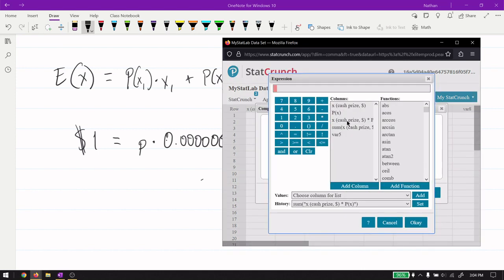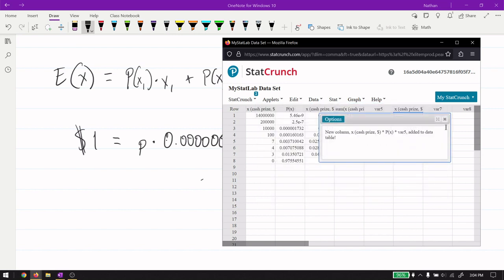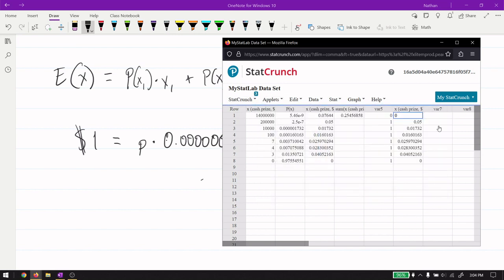I'm going to do the proportion that we expect to win from each one times this column. I've removed this first row from our calculations, but the rest of them are the exact same. It's still 0.05, 0.01732, 0.016016, and so on.